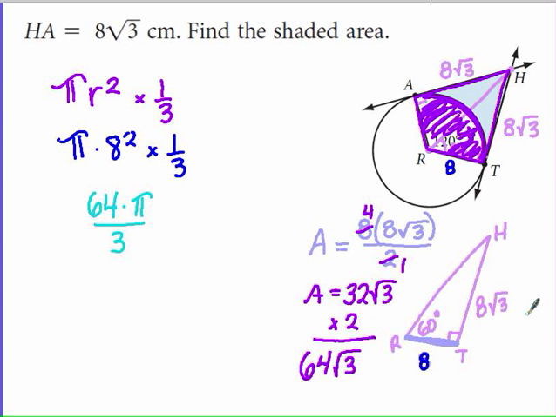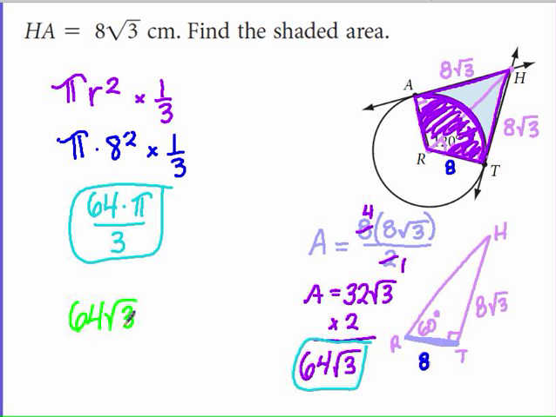So can somebody tell me what I'm going to do with this number and this number? Subtract them. So if you want to go ahead and get out your calculator, you're going to take 64 root 3. If you just tell me what that is as a decimal, it's probably going to be easier. And then we're going to subtract 64 pi divided by 3. So what is 64 root 3? Should be something over 100, or close to 100.